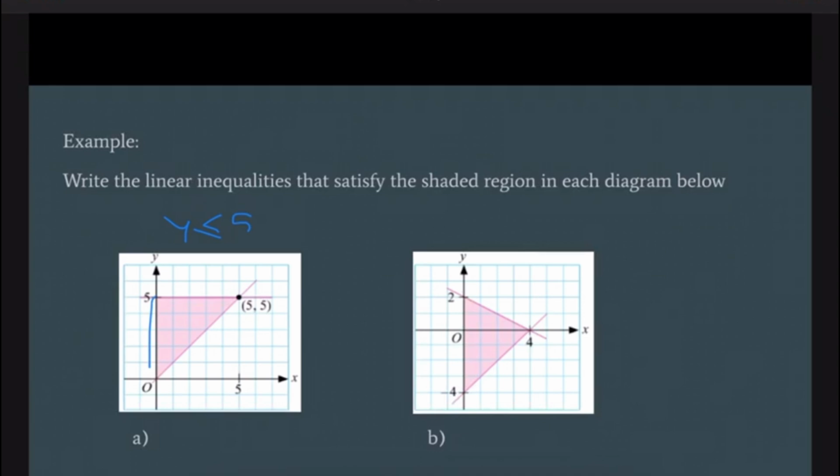And then for the x-axis, what is the equation for the x-axis? x is less than or equal to 0. For the linear inequality for this line, we need to use y equals mx plus c.